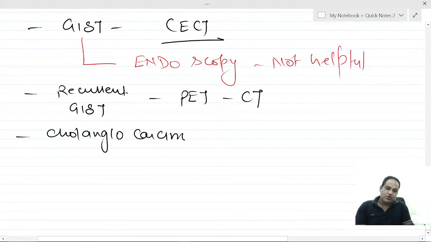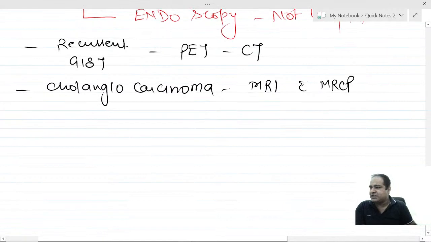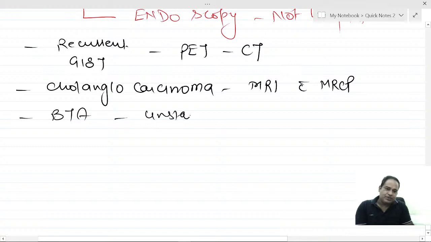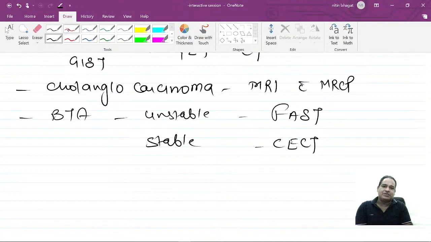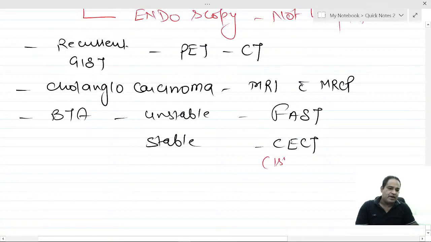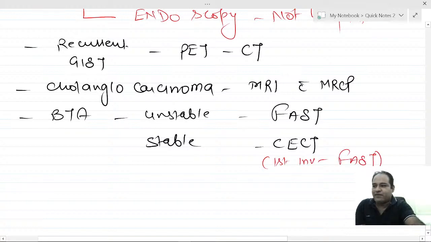For cholangiocarcinoma, investigation of choice is MRI with MRCP. Fine. For blunt trauma abdomen patient which is unstable, investigation of choice is FAST. Stable, investigation of choice is contrast CT. Fine. I told you earlier also that the first investigation there is always FAST.